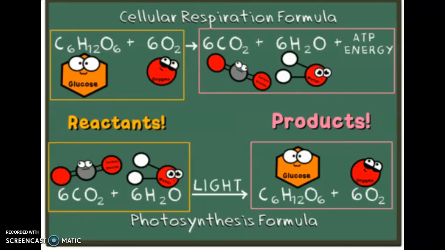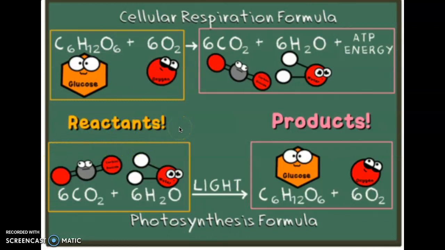Right? And we're going to take a look at the cellular respiration and photosynthesis formula and how it kind of has these different similarities. Okay, so when taking a look at this picture from the Amoeba Sisters video, which is actually the best explanation I could find for the two formulas to be kind of connected to each other.